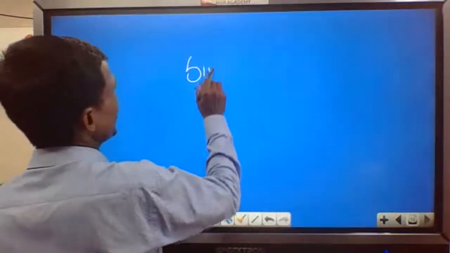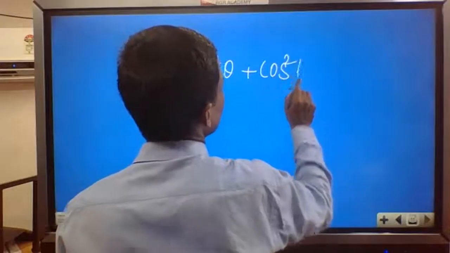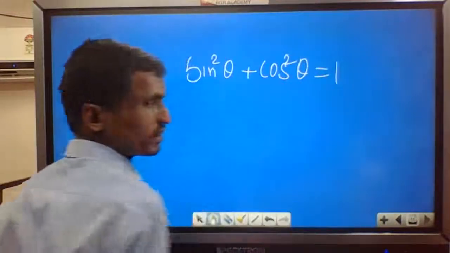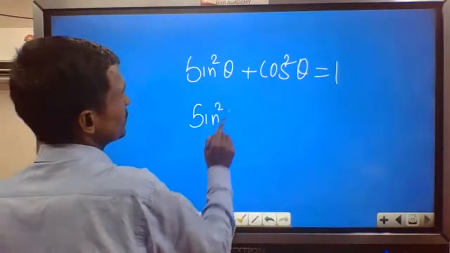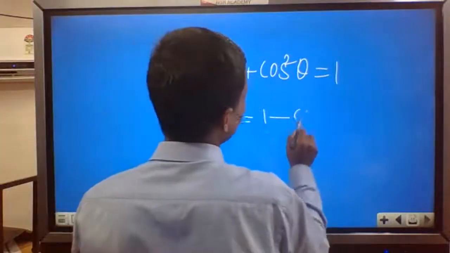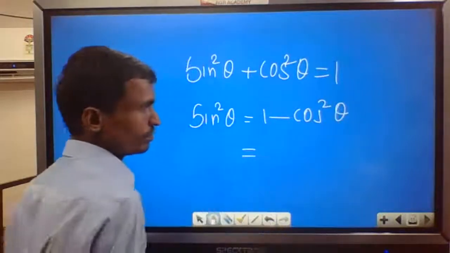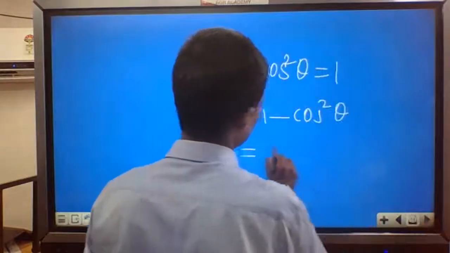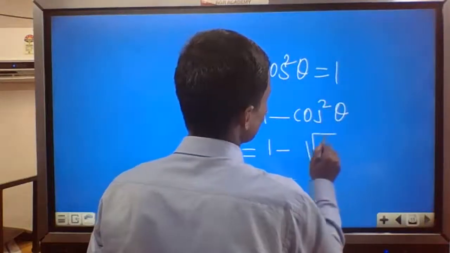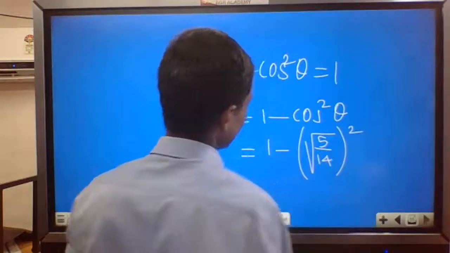Since sin squared theta plus cos squared theta equal to 1, we want sin theta. So sin squared theta equals 1 minus cos squared theta. What is the cos theta? 1 minus root of 5 divided by 14 whole square.